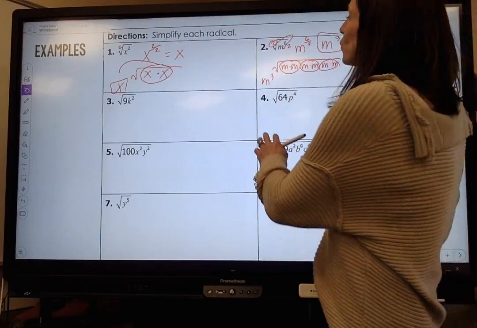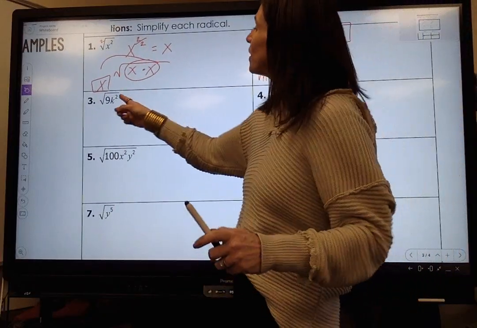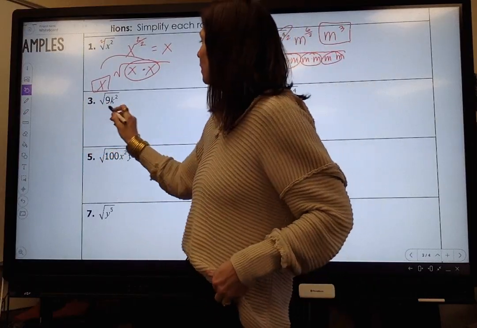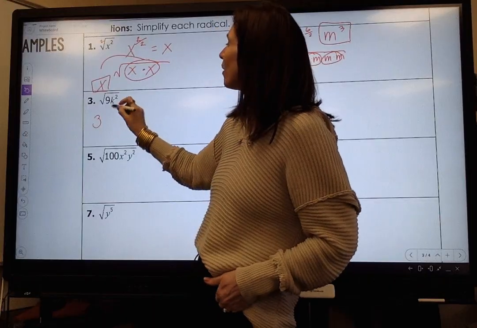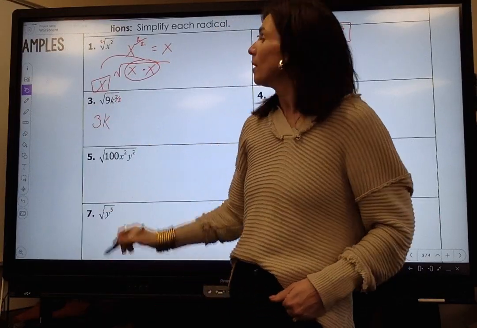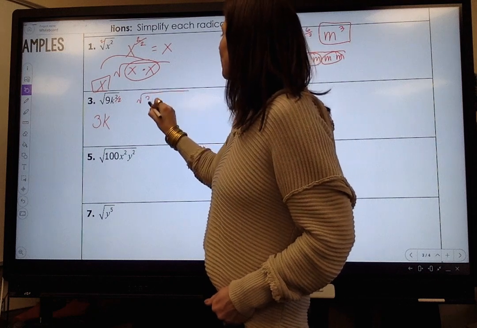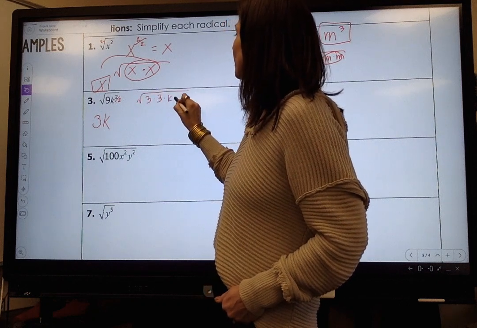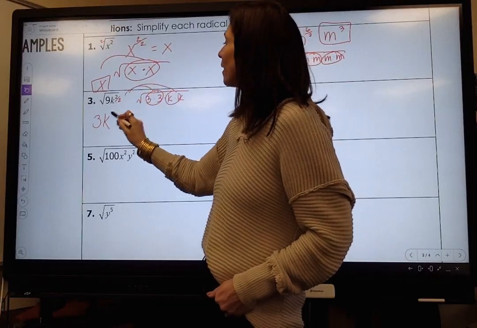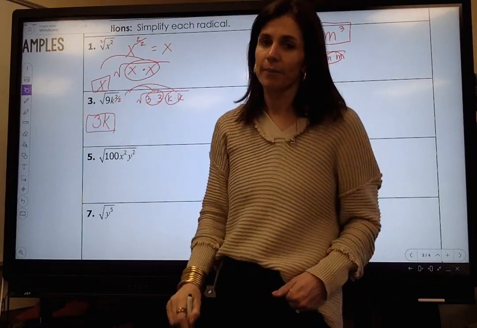Okay, number 3, you still have to simplify the square root of 9, and the square root of 9 is 3. And now I can do 2 divided by 2, which just gives me k. Because underneath this, if I expanded it, it would be 3 times 3 times k times k. A group of 3 came out, a group of k came out, leaving me 3k.